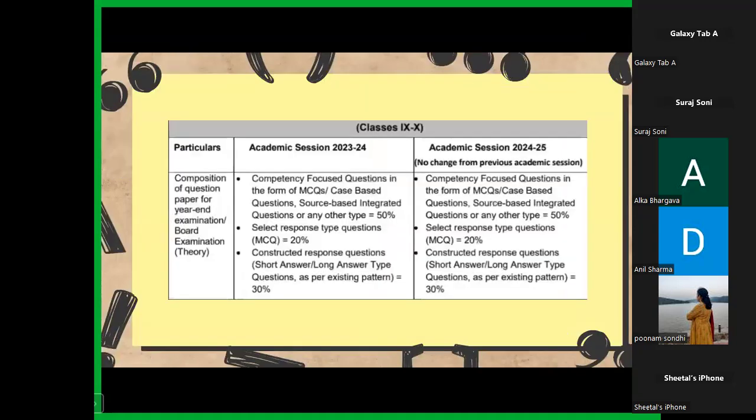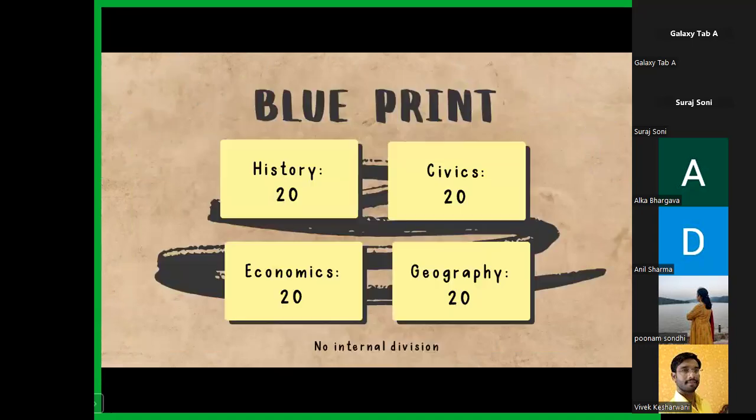Okay, so we were talking about this circular by CBSE, that we talked about 50% of the competency-based questions, 20% select response questions, and 30% constructed response questions. Now, looking at marks-wise, it is almost 40 marks for competency-based questions, 16 marks for MCQs, and 24 for FRQs. Now, you might be noticing some discrepancy.